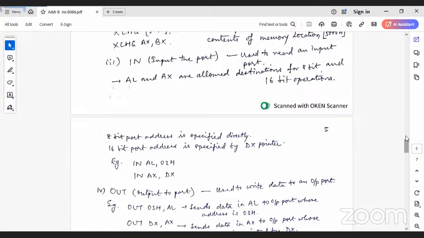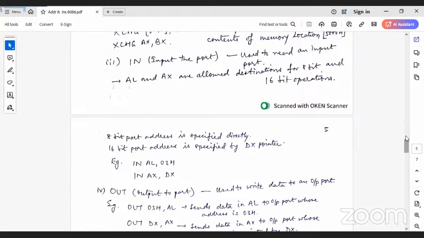Now, again here you have to take care of the size of the locations. AL and AX are allowed destinations for 8-bit and 16-bit operations. So one of the registers is the accumulator. That is what it means. An 8-bit port address is specified directly.